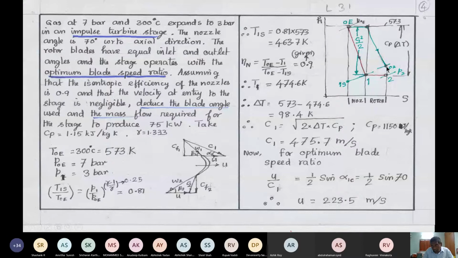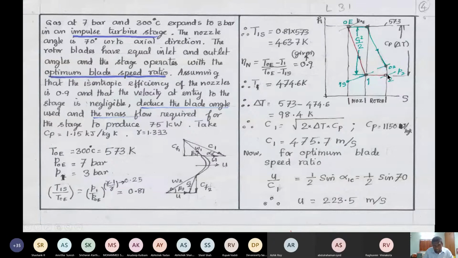So there's a small difference between degree of reaction 0, where the enthalpy at 1 and 2 are the same, and the impulse turbine, where the pressure at 1 and 2 will be the same.